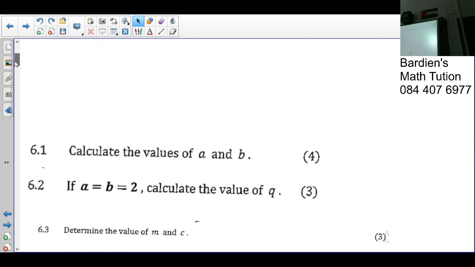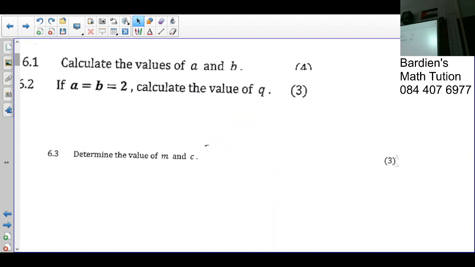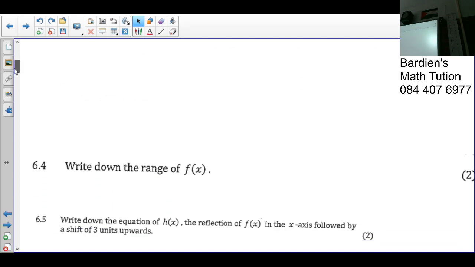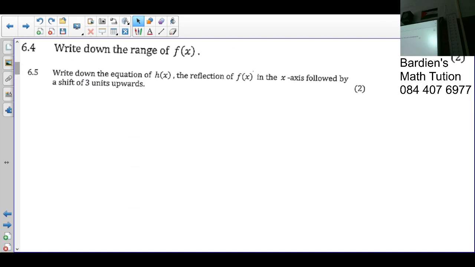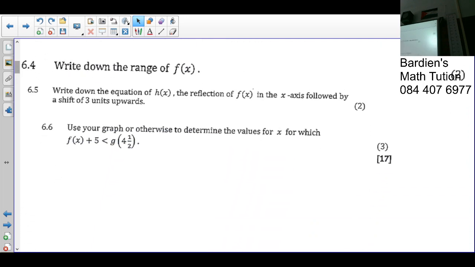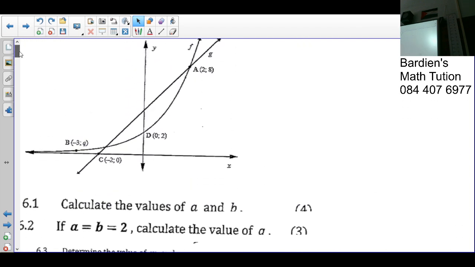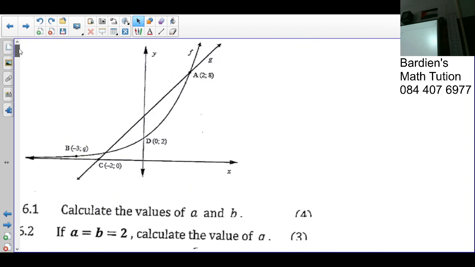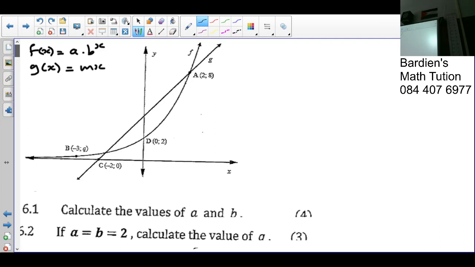Let's look at the first question. What was the equation of f of x? A times b raised to the x, and g of x, mx plus c, which is a straight line. First question, determine the value of a and b.